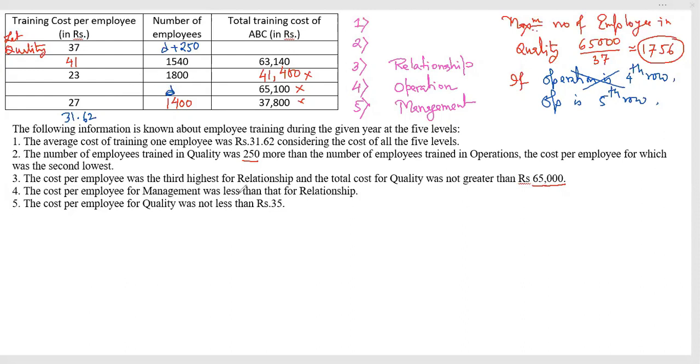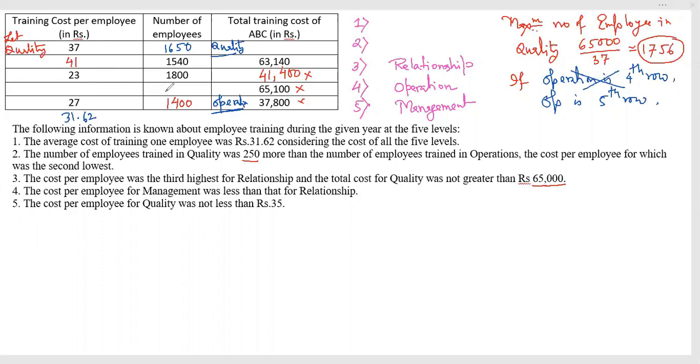If operation is the fifth row, then I will take 1400 as the operation, and this is the quality, so 1400 plus 250 is 1650.